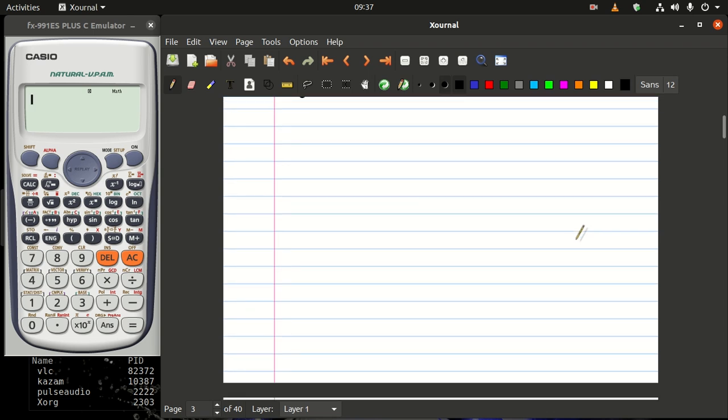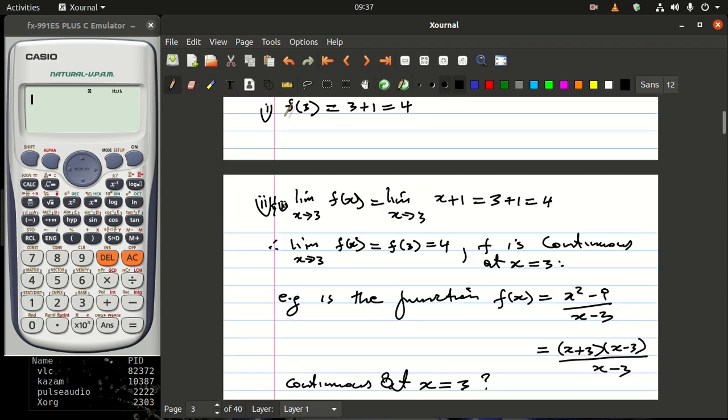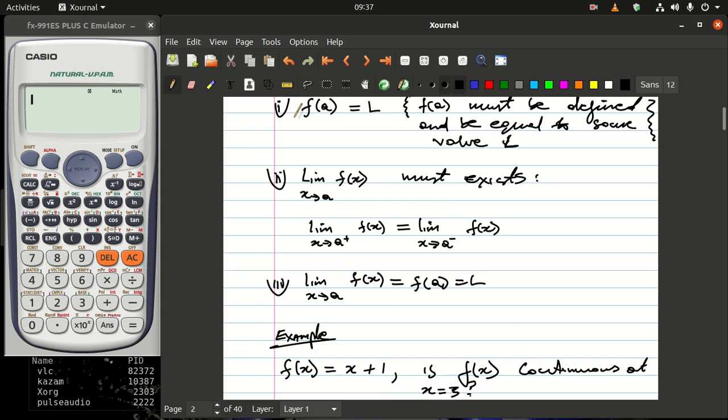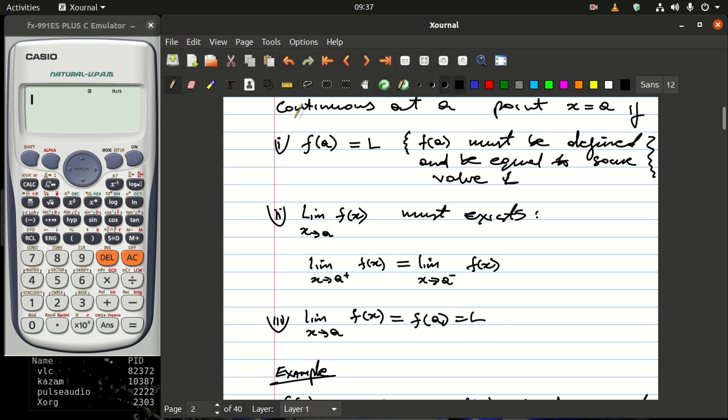Now, let us talk about continuity on an interval. I'm just going to try and make this as easy as it can be. Some people have different ways of saying this, but I want us to look at the definition of continuity at a point: this must be satisfied, this one must be satisfied, and that must be satisfied.